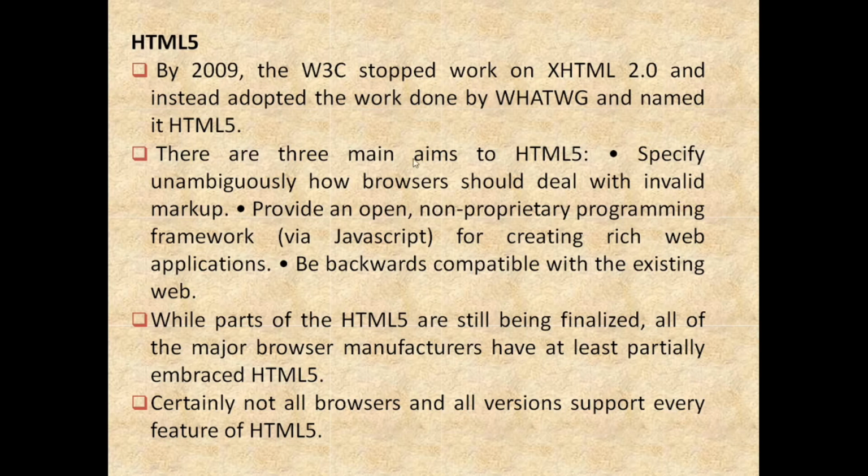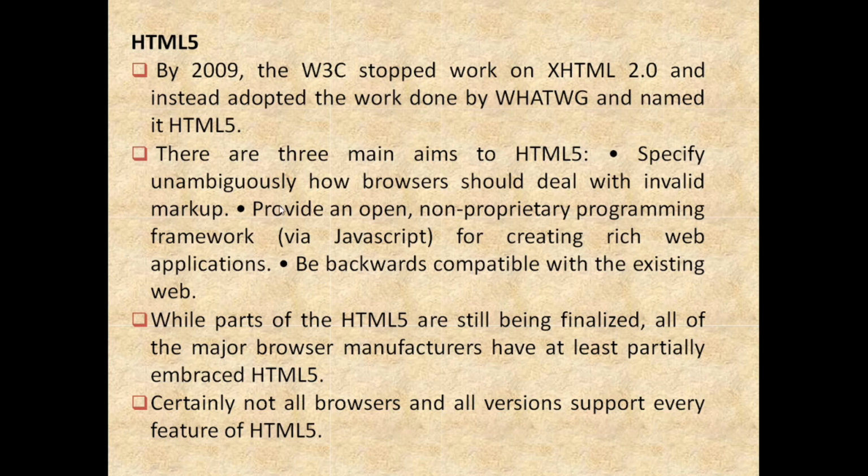Let us see what the aims of HTML5 are. Presently we are making use of HTML5. There are three main aims. The first is to specify unambiguously how browsers should deal with invalid markup.